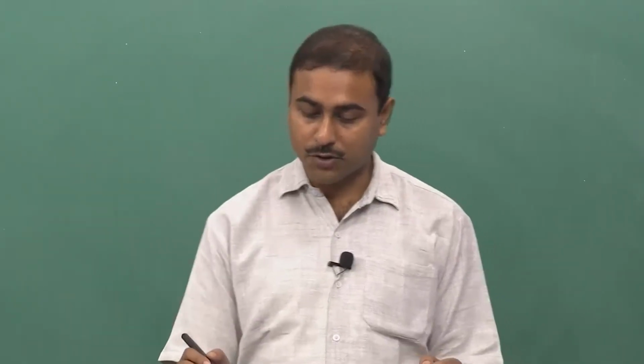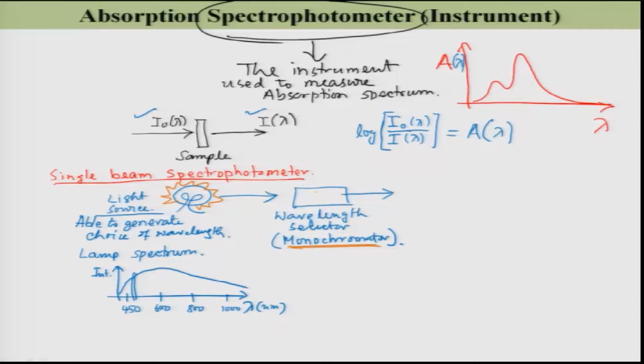If you choose 500 nanometer light, only 500 nanometer light, obviously with some bandwidth, will come out of this device. If you want 600 nanometer, then 600 nanometer light will come out with some bandwidth. Nevertheless, with this light, what you get is I0.